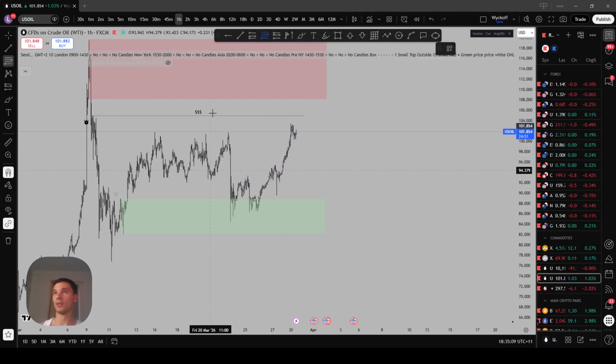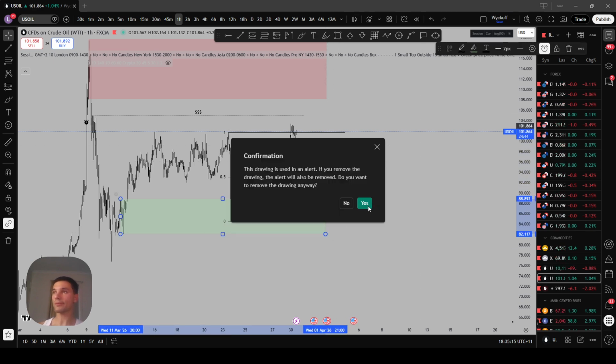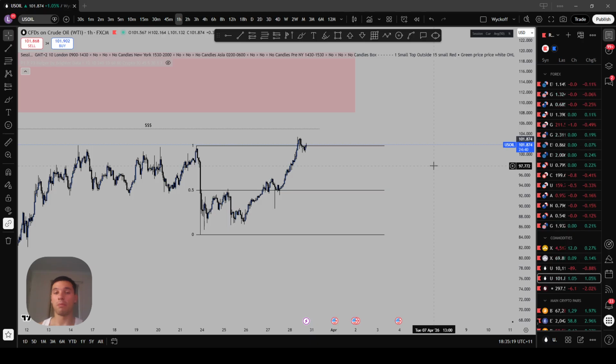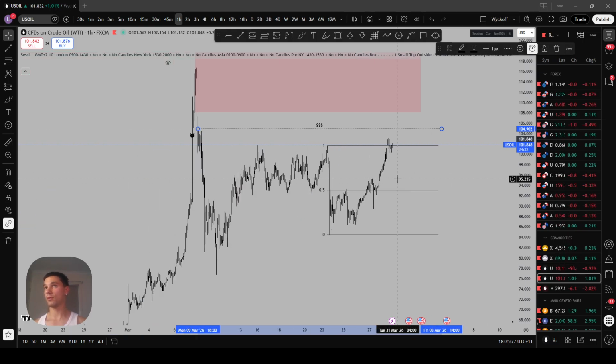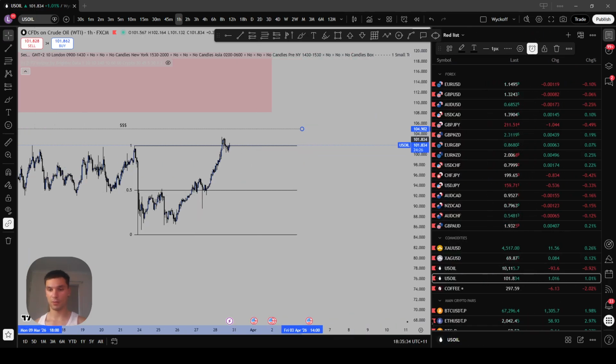Whoops. Alright, so yeah, similar scenario at play on both brokers, so we'll see what happens. Alright, that is it for commodities. Let's have a look at Euro USD.